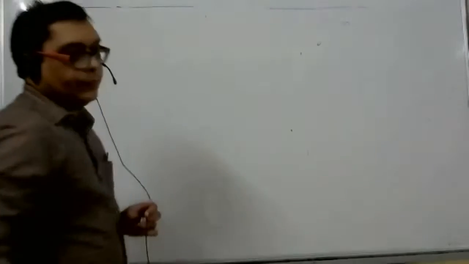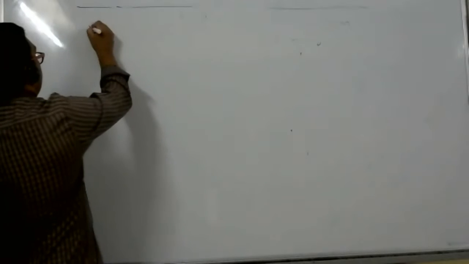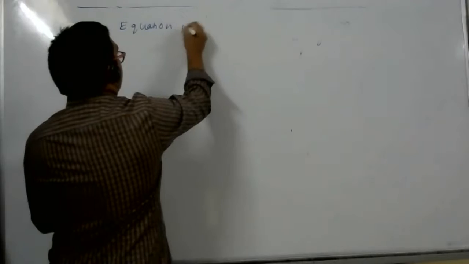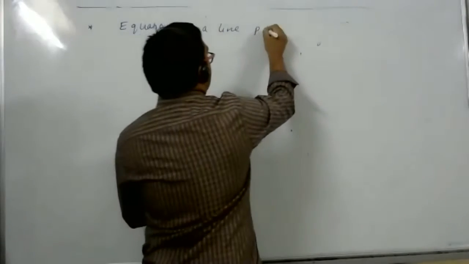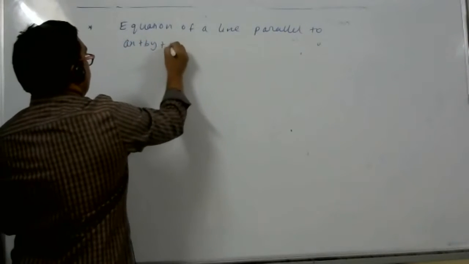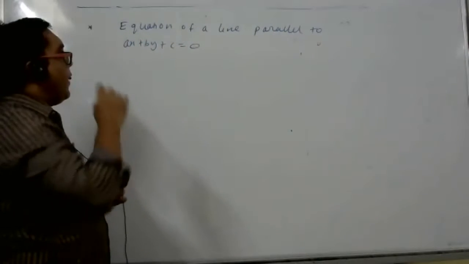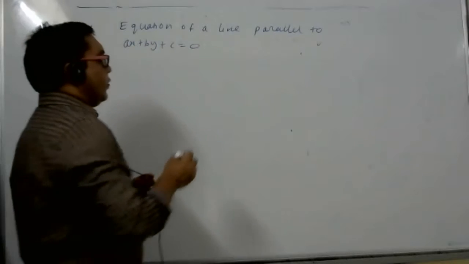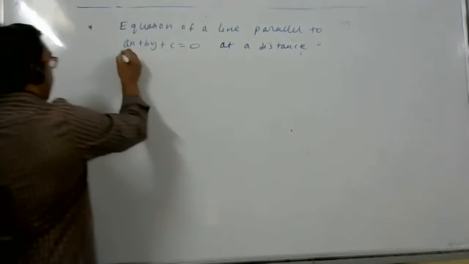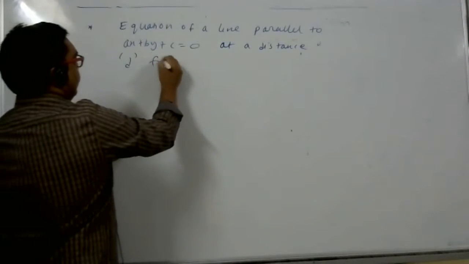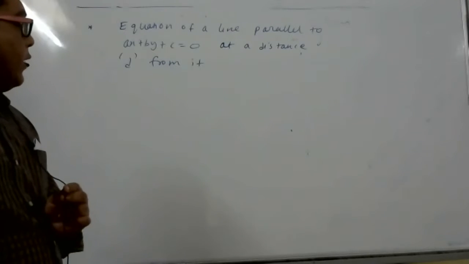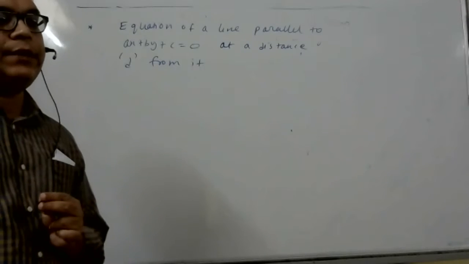Next, write down: equation of a line parallel to ax plus by plus c is equal to 0 at a distance d from it.